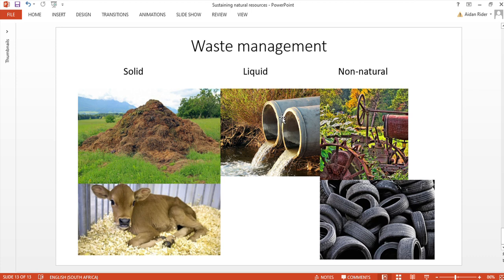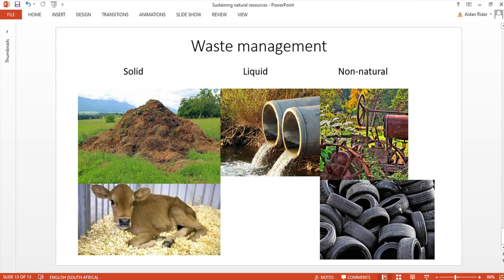It's things like your manure and urine being washed away into waterways. Then thirdly, non-natural can be like rusty tractors and rusty tools, machinery and things standing around, and things like old tires. It's not natural, it can't be degraded, it will stay like this for maybe not thousands of years, but many years. So basically it should be managed.